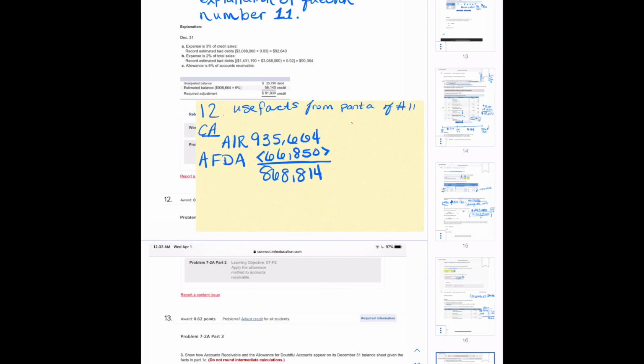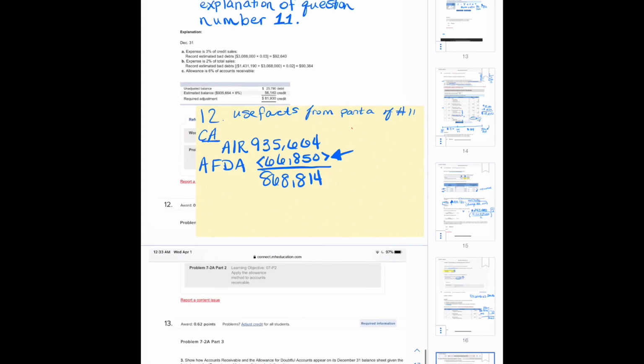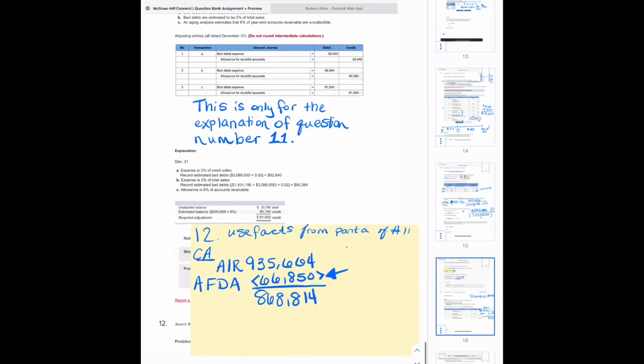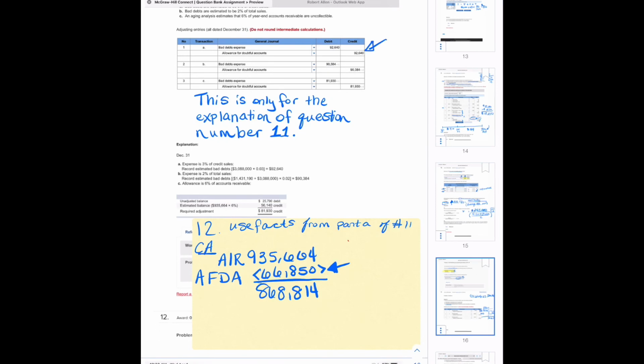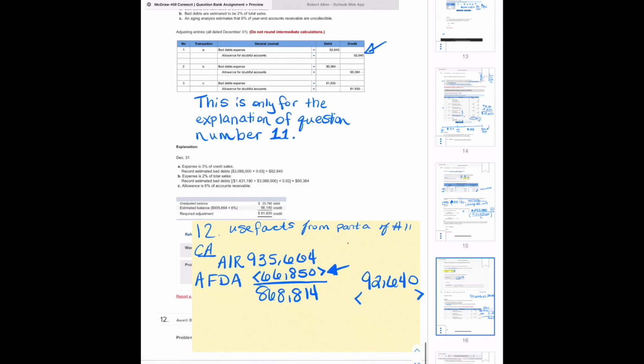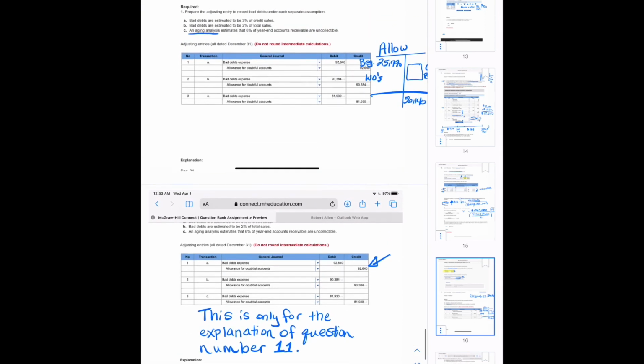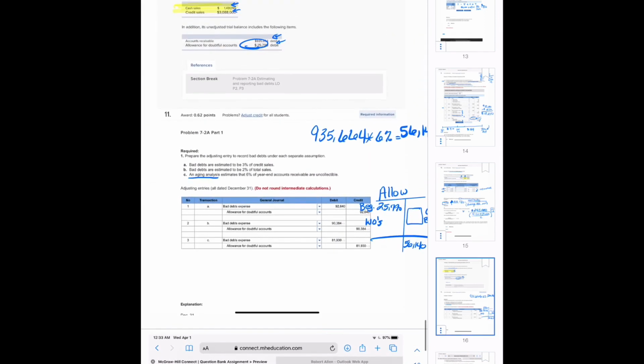Now, what you may be asking is, where did this number come from? And this is the question I hope you're asking, because that number is not directly given to us. What we've got to do is go back up to number 11, and we'll see that the amount of the adjustment we made in A was $92,640. And that was a credit. But we began with a debit balance of only $25,790.